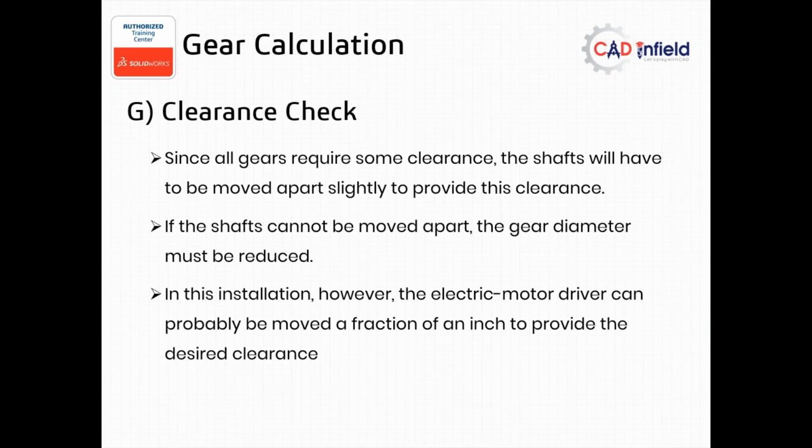You can have a clearance between the two PCDs so that it will run. If the clearance is larger, it will slip, or the two gears are separate, so only your driving gear will rotate but the driven will not. So there should be a small clearance, a fraction of an inch, that you have to provide.